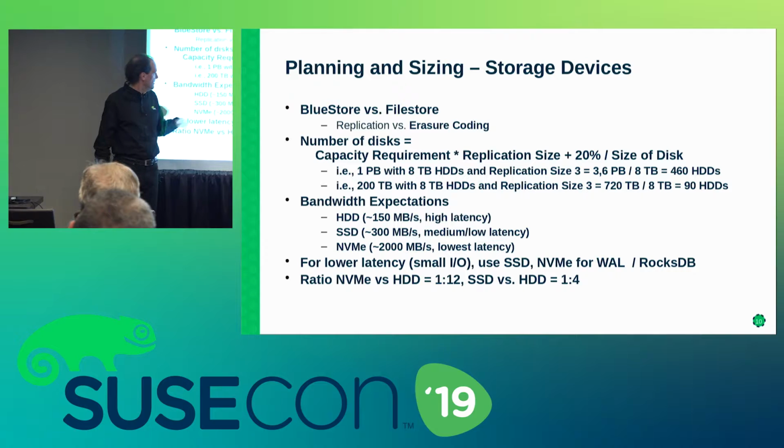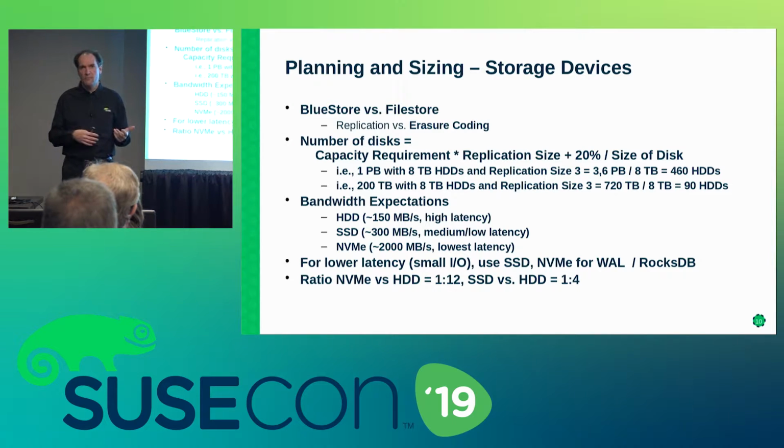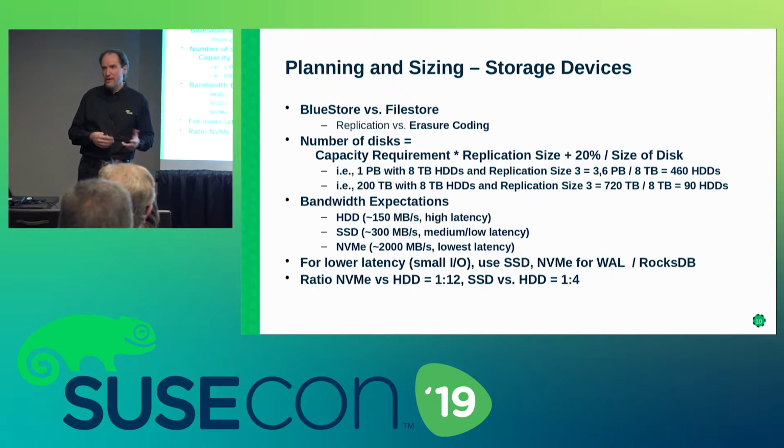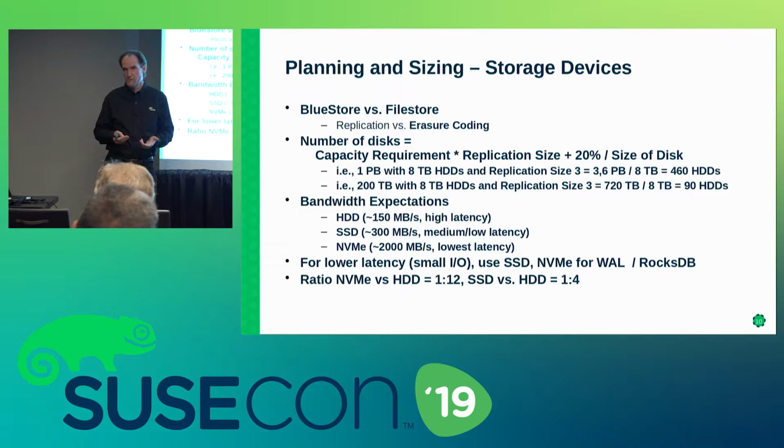I can use SSDs. They have higher performance and a much lower latency. And I have the high performance devices, the NVMEs, which are in the 2 gig range. Some are faster, some are slower. And these provide the lowest latency. So depending on my I/O patterns that I expect to run against that cluster, I need to decide which of these disk types are the right ones for me.